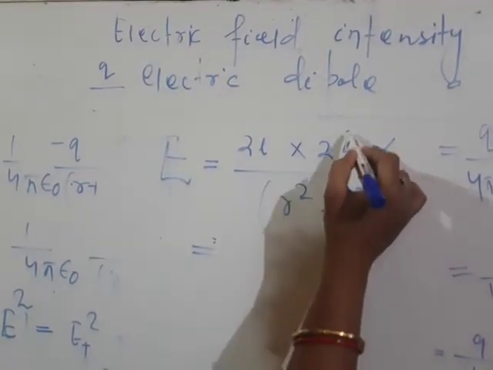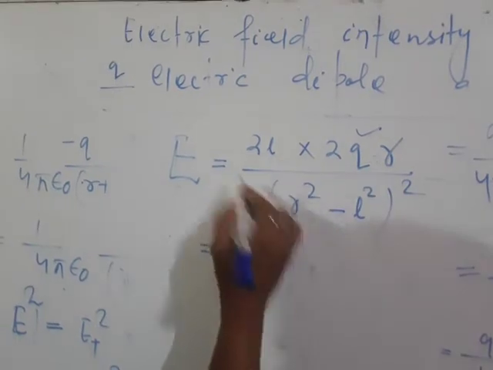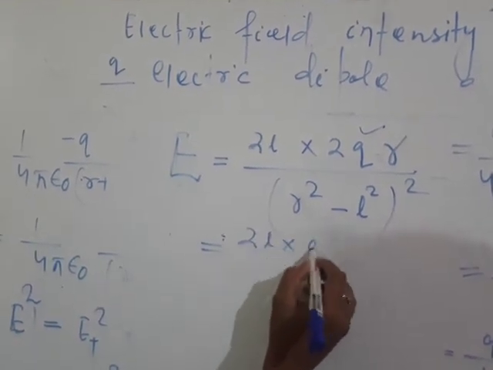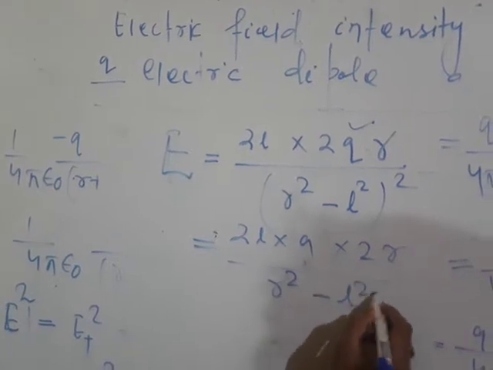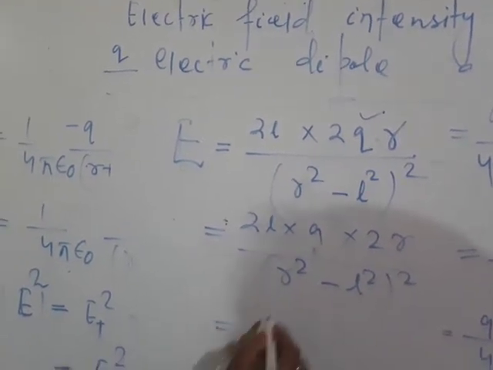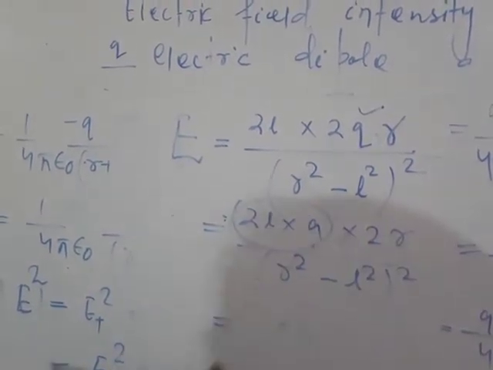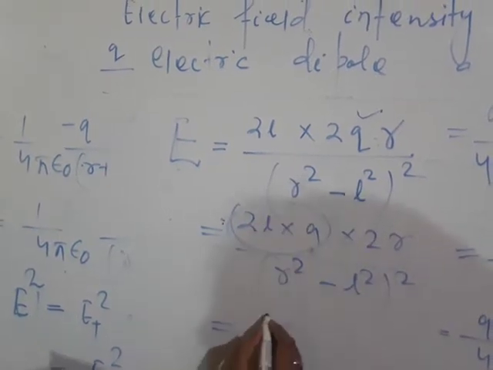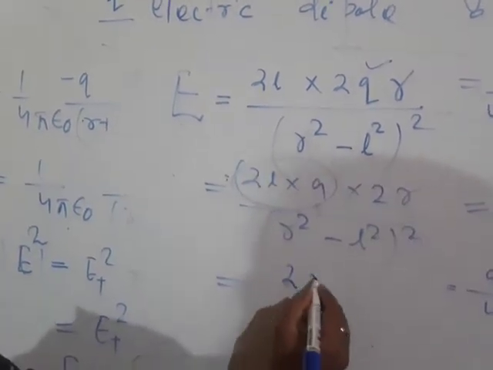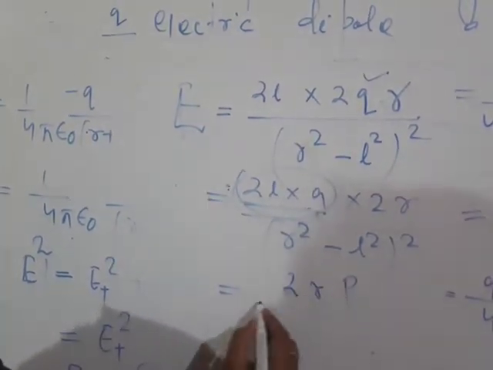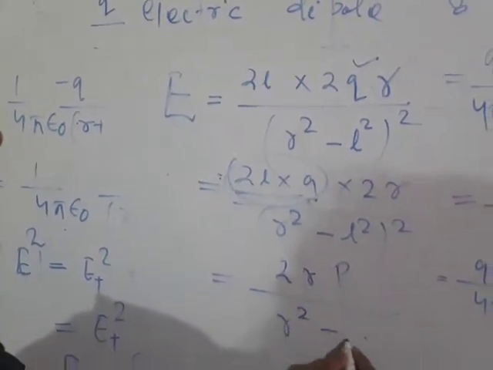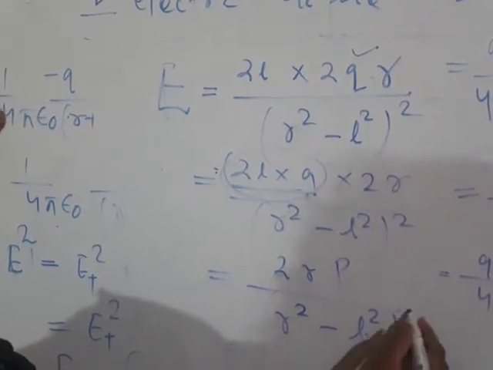We know this q into 2l, if I take to this side, 2l into q into 2r divided by r square minus l square whole square. This 2lq, I know this is the dipole moment, so I can write 2rp divided by r square minus l square.